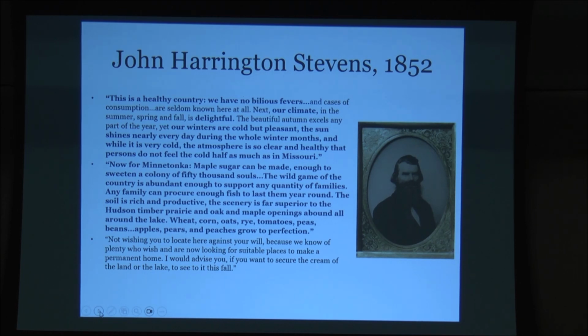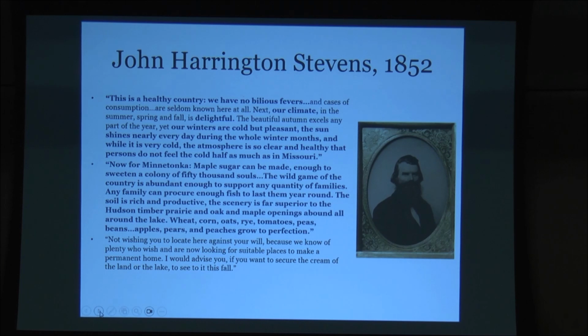And then, about Lake Minnetonka, he says, now for Minnetonka, maple sugar can be made enough to sweeten a colony of 50,000 souls. The wild game of the country is abundant enough to support any quantity of families. Any family can procure enough fish to last them year-round. The soil is rich and productive.